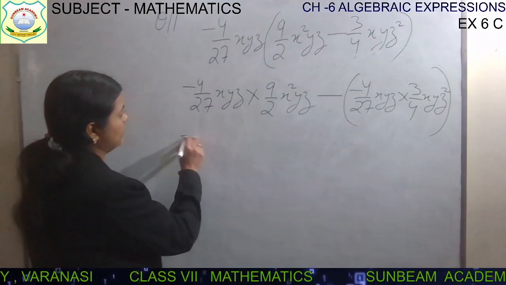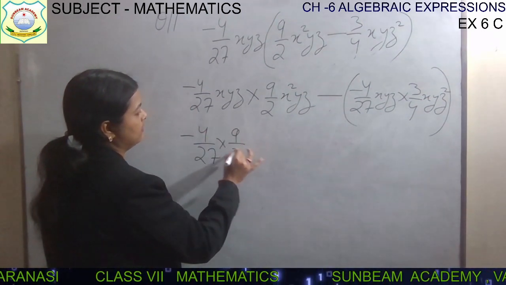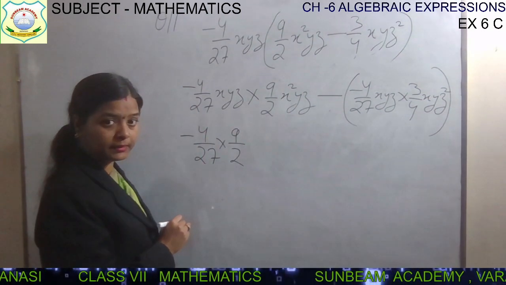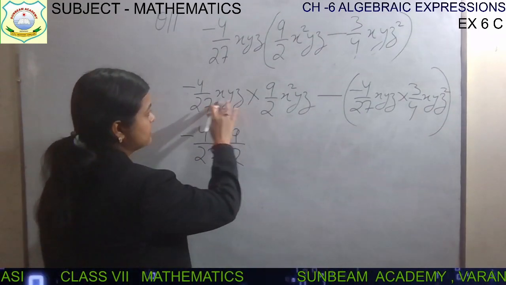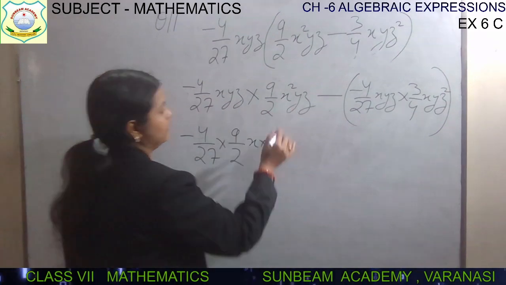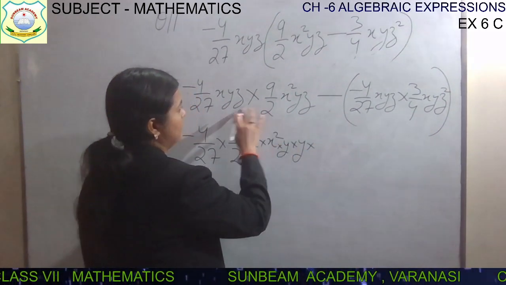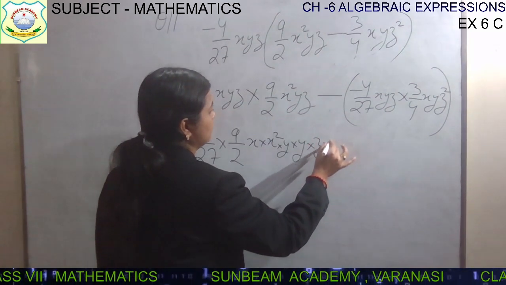Now minus 4 by 27 will multiply with 9 by 2. Number will multiply with number. X into x square, y into y, and z into z.